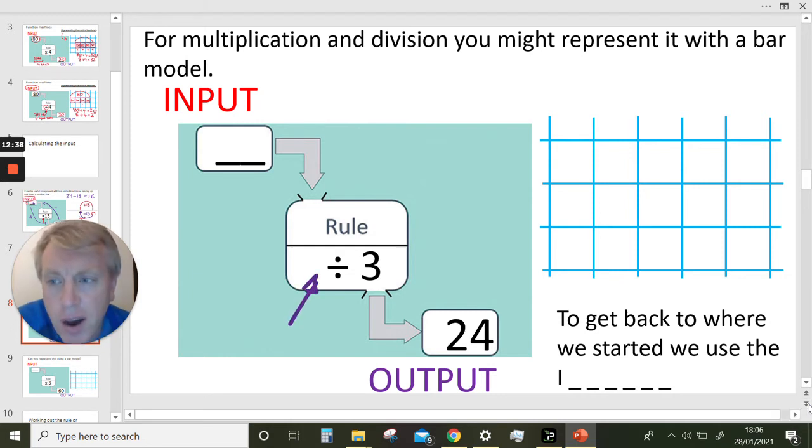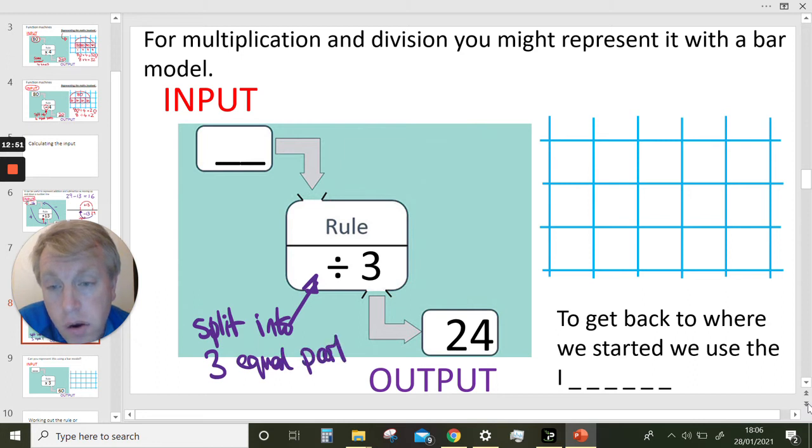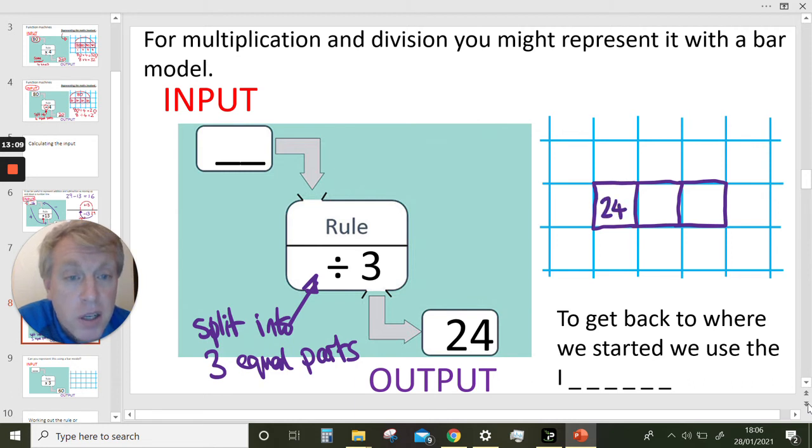It means we've got to, remember we wrote this before, split the number into 3 equal parts. So the number is split into 3 equal parts. I'll show it like this. 1 part, 2 parts, 3 equal parts, and 24 in each part.